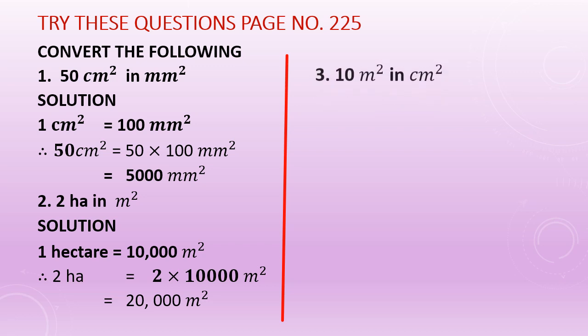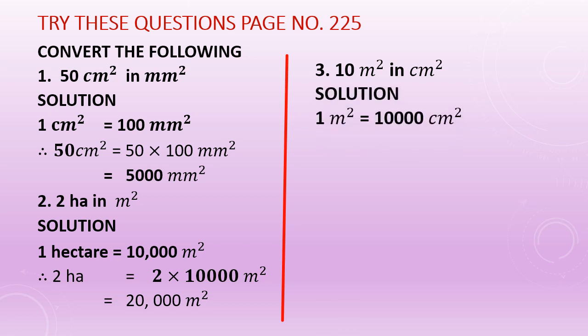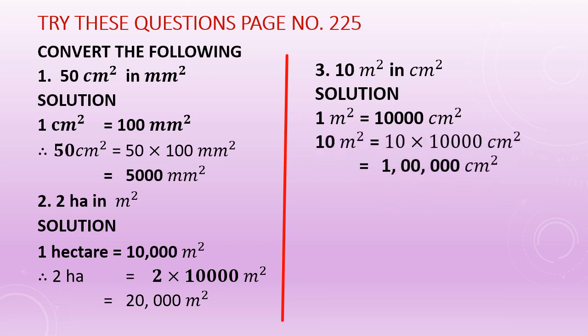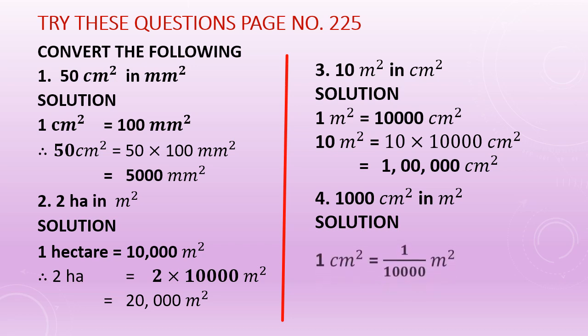Now we move to third question of try this. 10 meter square in centimeter square. As we have 1 meter square equal to 10,000 centimeter square. Therefore, 10 meter square equal to 10 multiplied by 10,000 centimeter square, which is equal to 1 lakh centimeter square. Next, 1000 centimeter square in meter square. Here we have to convert the smaller unit into bigger unit, so you have to divide it.